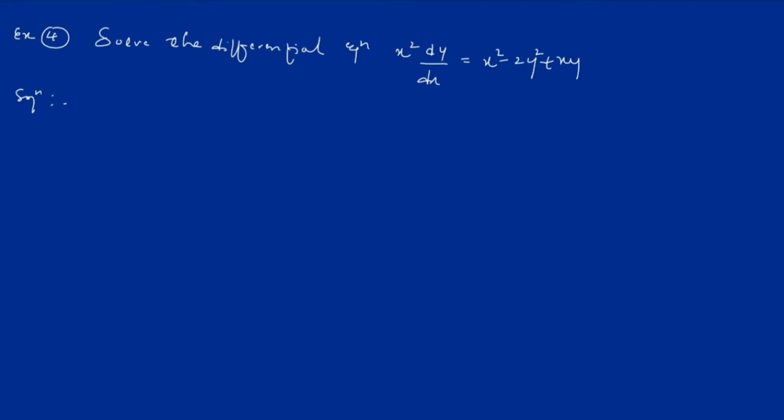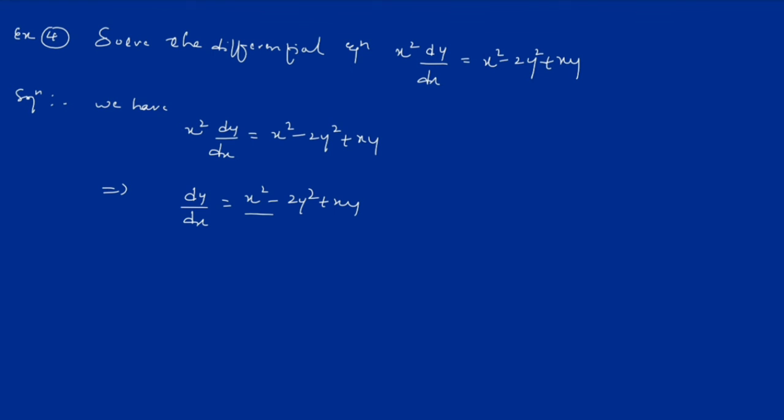So here, convert to the standard form. First, we have x square dy by dx, which is equal to x square minus 2y square plus xy. Converting this to the standard form, it becomes dy by dx equal to (x square minus 2y square plus xy) divided by x square, take it as equation 1.